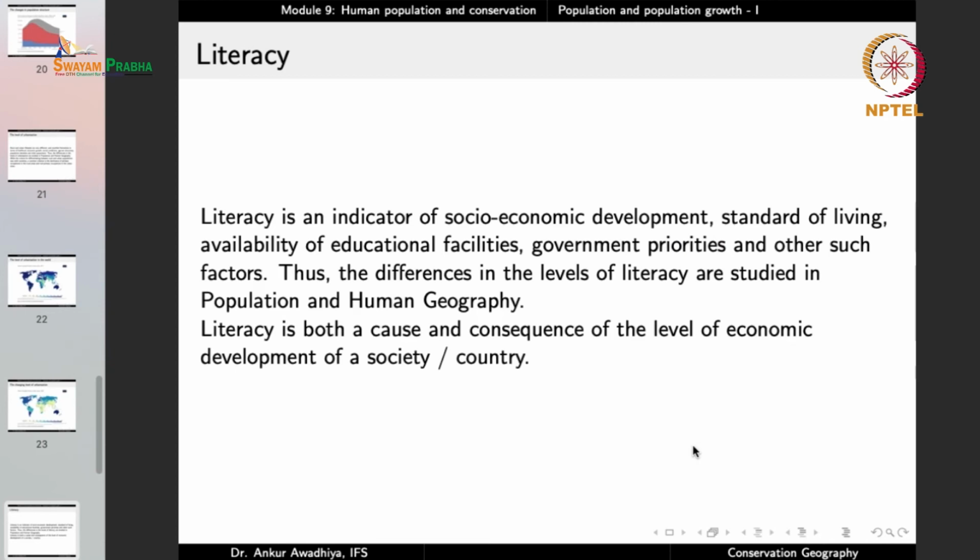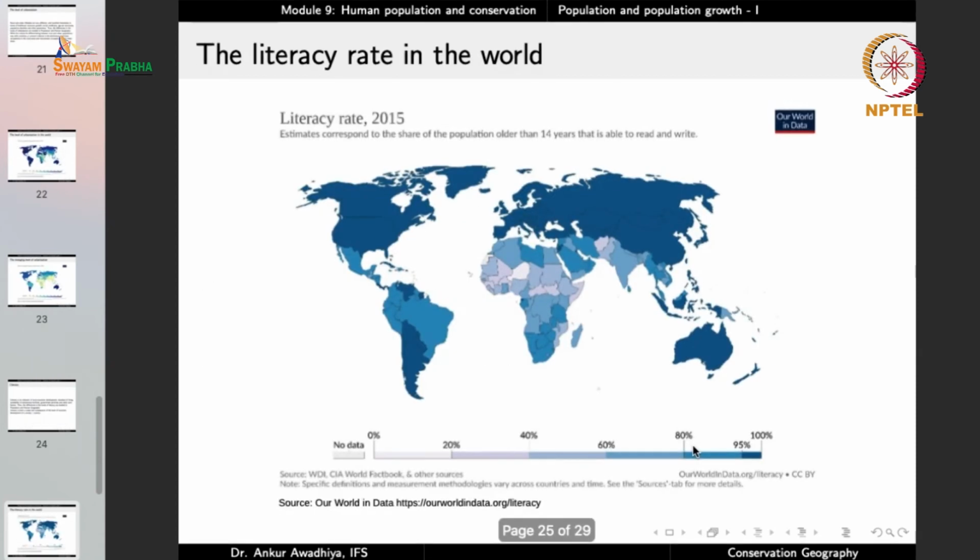Literacy is both a cause and consequence of the level of economic development of a society or a country. And currently, if you look at the literacy rate, then there are a large fraction of areas where the literacy rate is very high. So most of North America, a major chunk of South America, all of Australia, all of Europe, a major chunk of Asia, and some parts in Africa have a high literacy.